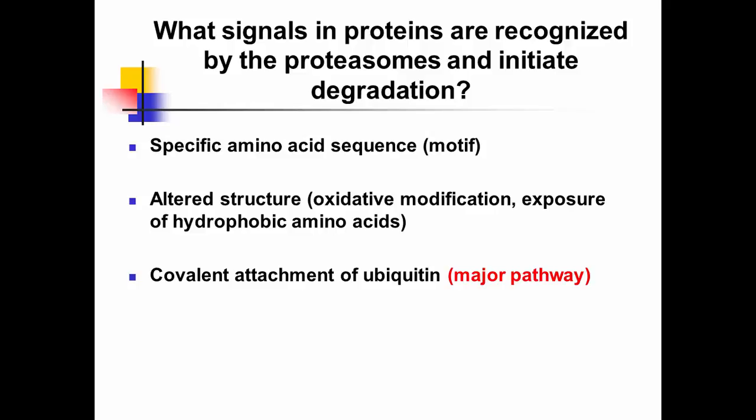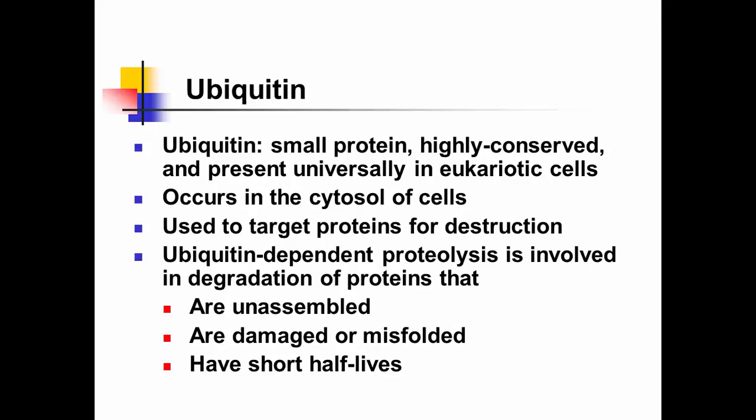So this again is a major mechanism for the proteasome degradation, right? So proteasome only degrades the protein with ubiquitin attached, not the other proteins, right? So again, this is the major pathway mechanism.